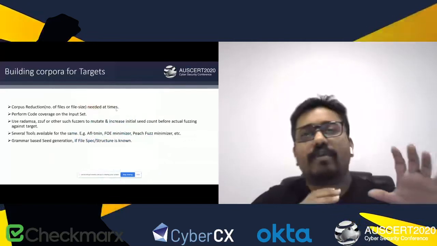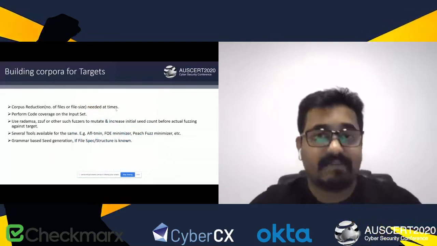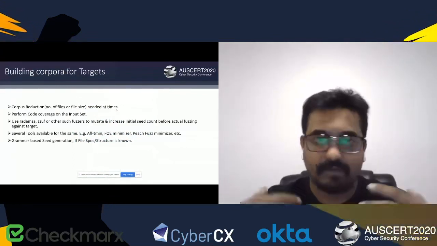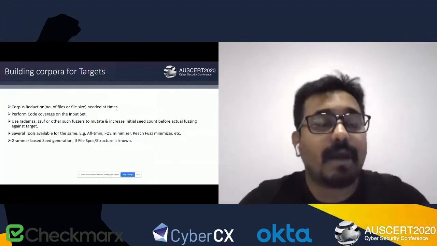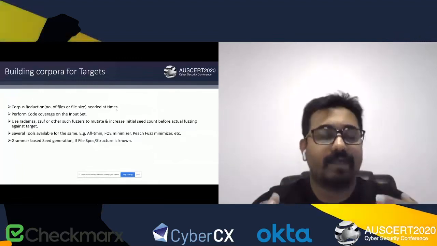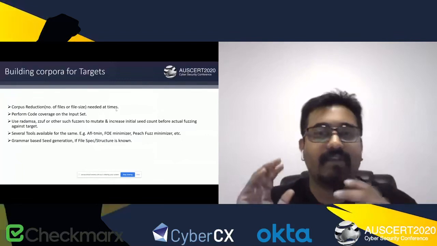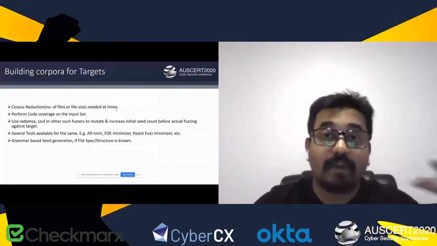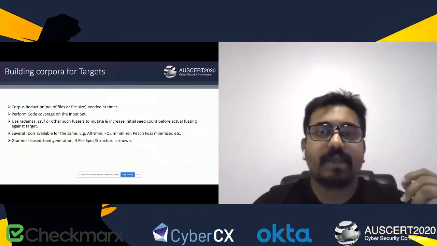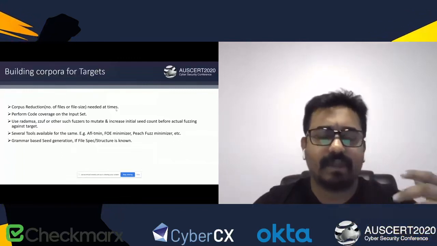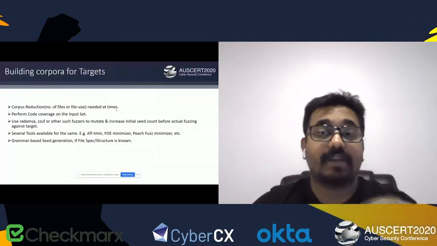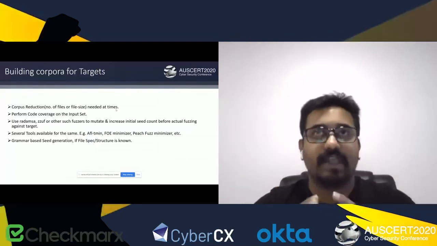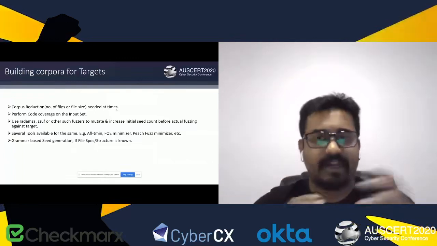So that is how you find existing formats and existing files for your fuzzing and your research. There are two ways this can go: either you have a lot of files or very few files. If you have a lot of files, you can reduce your corpus with tools like afl-tmin and afl-cmin, so that you don't have redundancy.